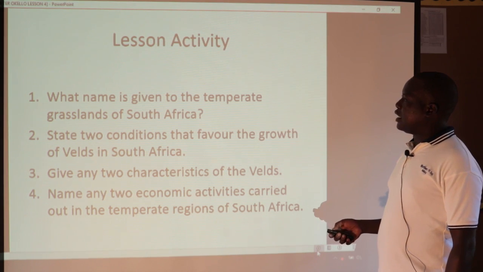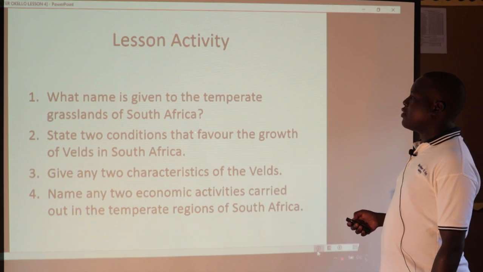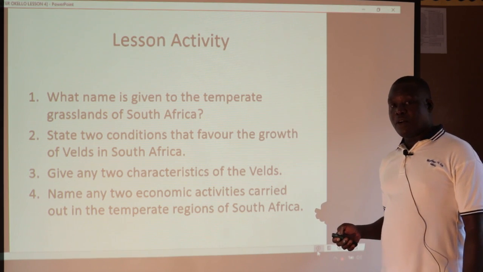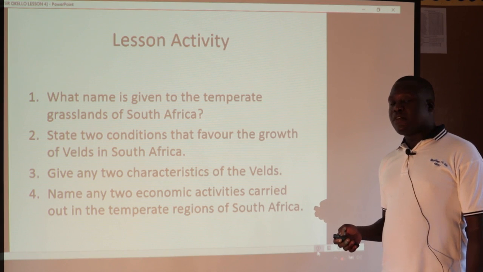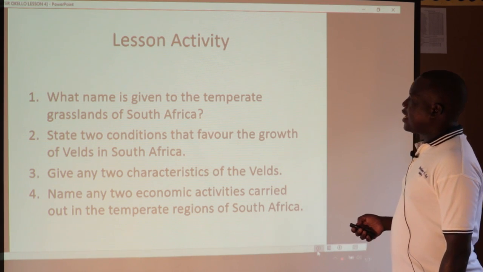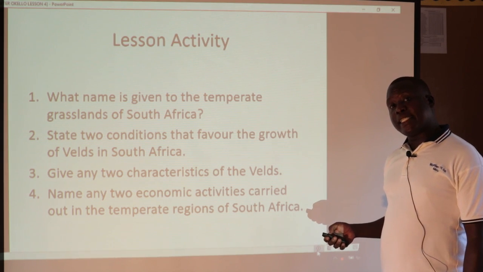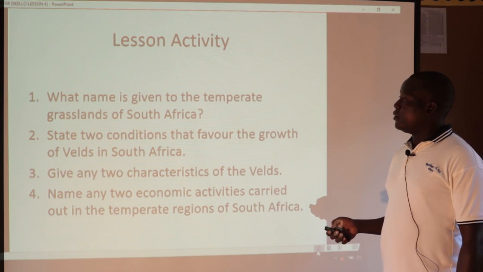Like our question 1 says, what name is given to the temperate grasslands of South Africa? We have already discussed that, and if you have forgotten, go through the notes and see the answer, then put it clearly. Remember correct spelling.